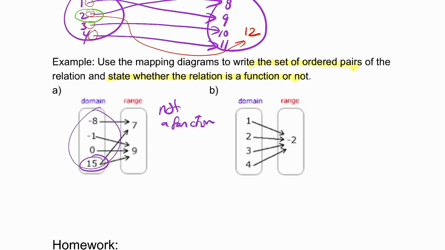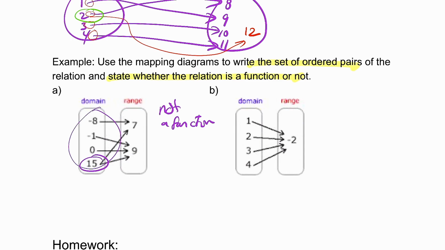The second example looks kind of tricky because everything's pointing to -2. So is this a function or not? Well, we could have the same answer over and over again. Remember our child-mother relationship: several children can have the same mother, so they will all point to the same mother.